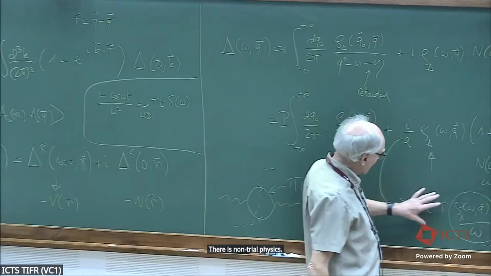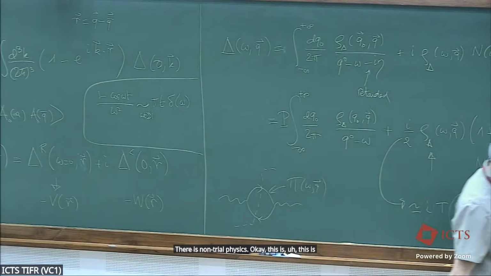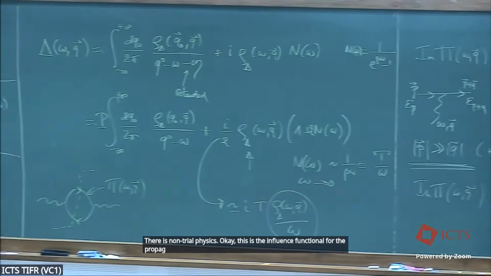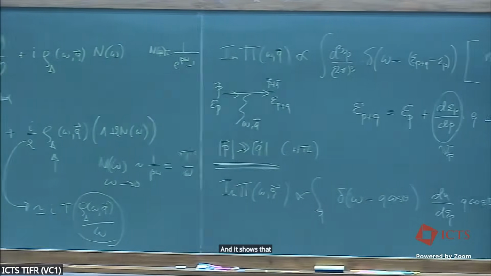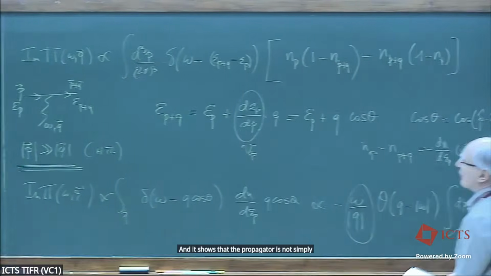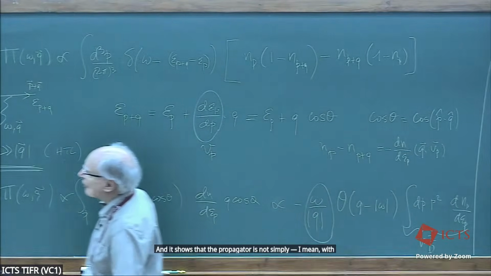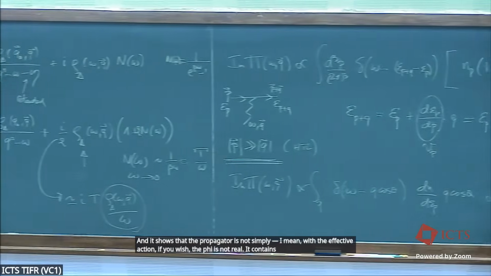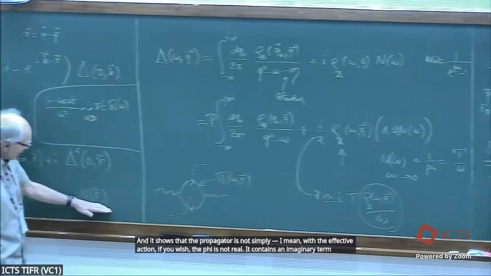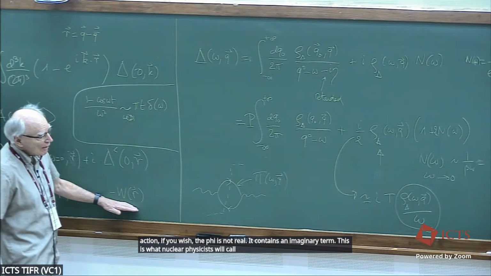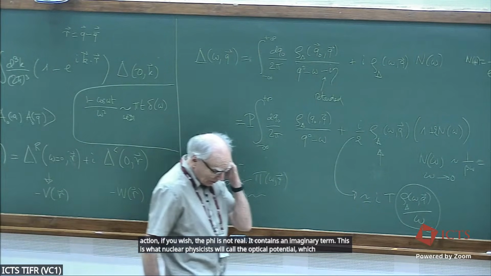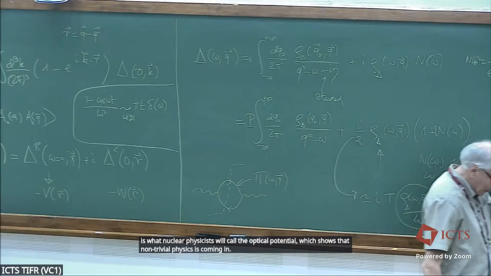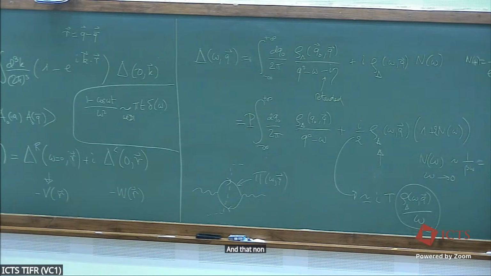This is the influence functional for the propagator, and it shows that the propagator is not simply, with the effective action, if you wish, the phi is not real. It contains an imaginary term. This is what nuclear physicists will call the optical potential, which shows that non-trivial physics is coming in, and that non-trivial physics is actually quite simple. It is due to collision with the constituent of the medium.